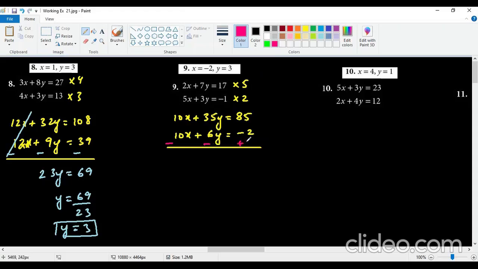So these two are going to be cancelled. 35 minus 6 is going to be 29y, and 85 minus 2 is going to give us 83, and 83 divided by 29 is going to give us, let's see, if the value of y is 3, that means 85, it's going to be 87, not 83. 85 plus 2 is going to be 87, and 87 divided by 29.